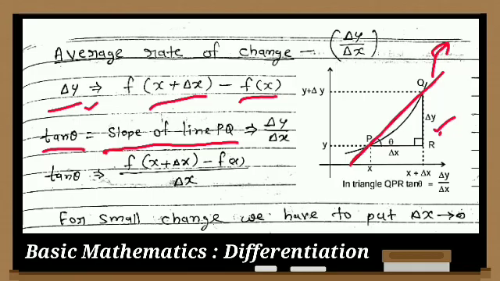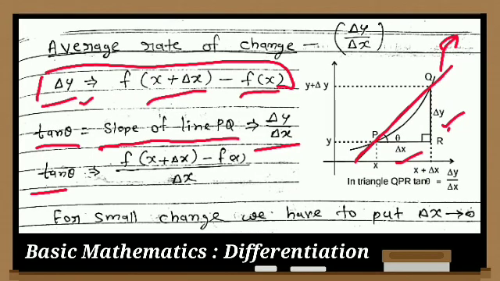Then we can find tan theta; we have discussed tan theta in trigonometric relations. So tan theta is equal to delta y upon delta x. Delta y is here and delta x is here. So we can write delta y upon delta x is equal to f(x plus delta x) minus f(x), upon delta x.